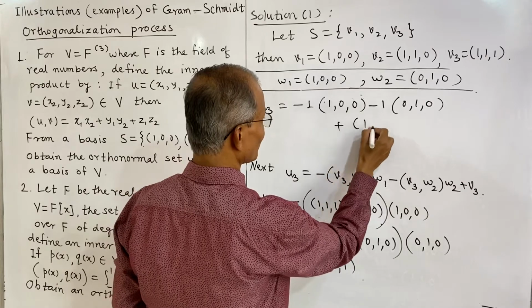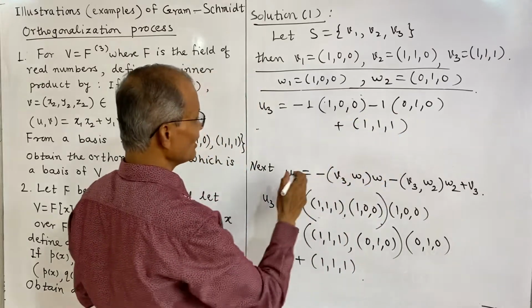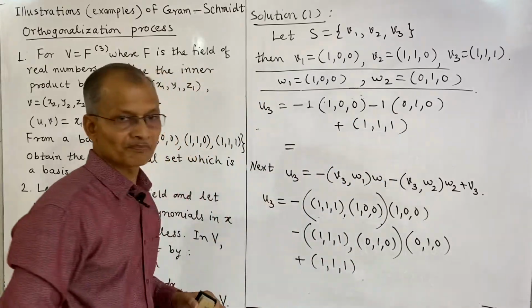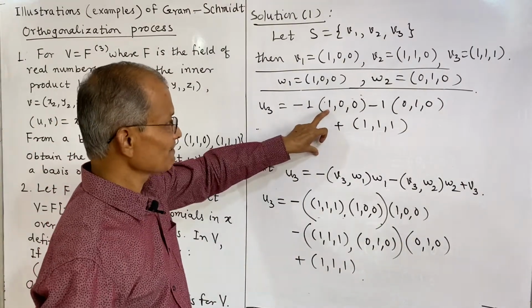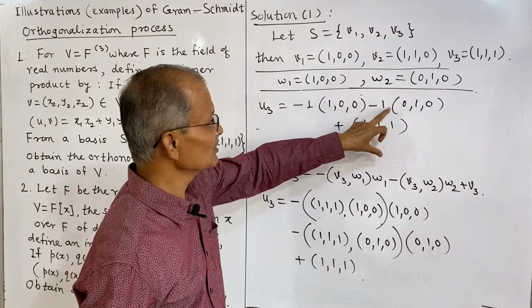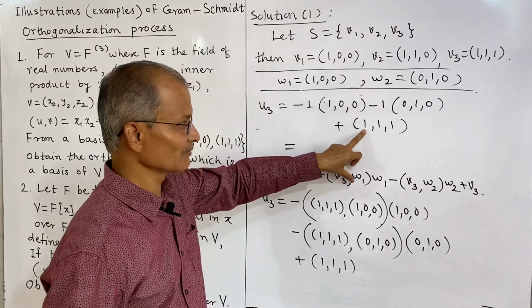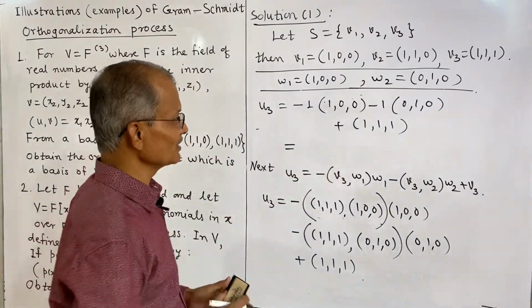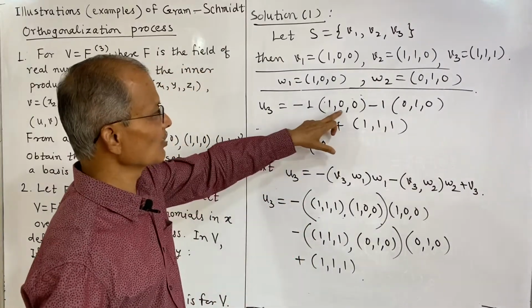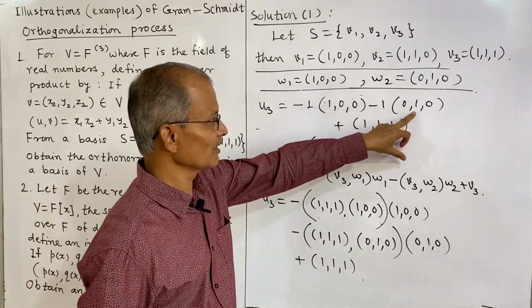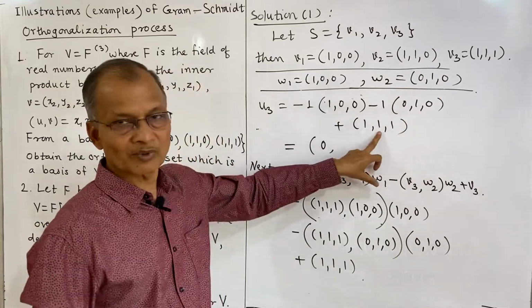And the last term is plus (1, 1, 1). Now we have to add this component-wise. So this is minus 1, this is minus 1, this is 0, and this is plus 1. So minus 1 plus 1 is 0, and next this is 0, this is minus 1, and this is plus 1.